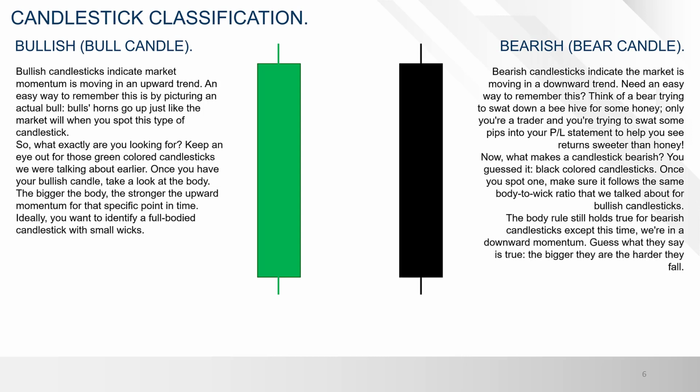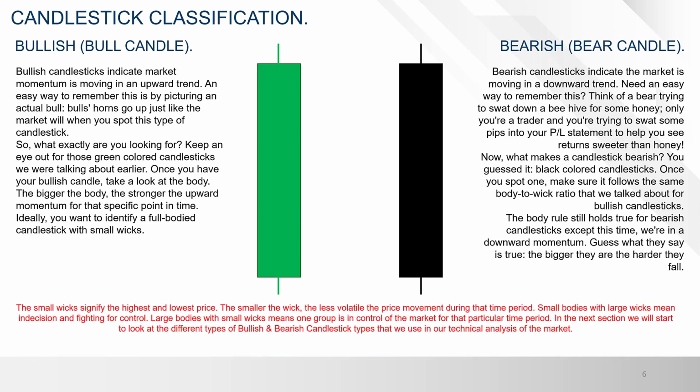The body rule still holds true for bearish candlesticks, except this time we are in a downward momentum. Guess what they say is true? The bigger they are, the harder they fall. So if you notice a big bearish bodied candle, you should know that the momentum to the downside is very strong.